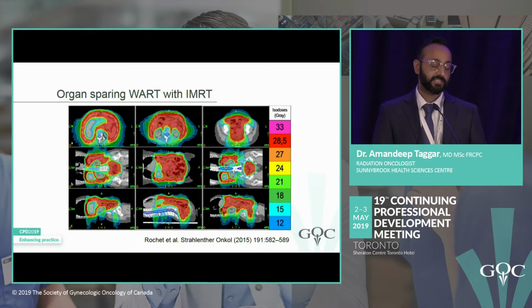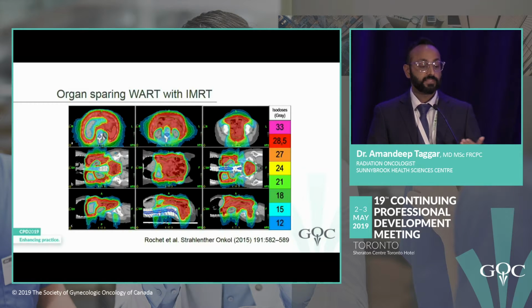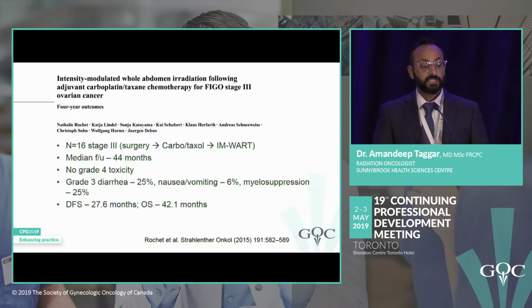Using these higher technology techniques, we can modulate high doses and low doses. The blue area is the liver, so we can really spare that. The spinal cord in the back can also be spared. This next column over shows that the kidneys are being spared, so we can do this now. Not being done fully because it's not really reported.